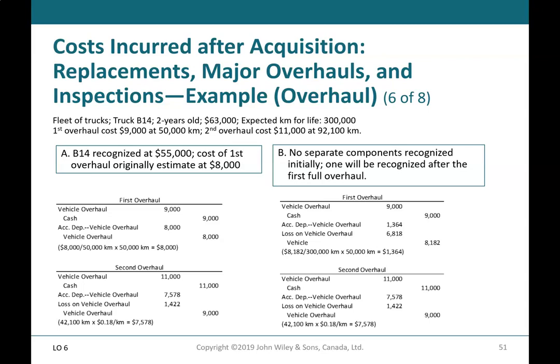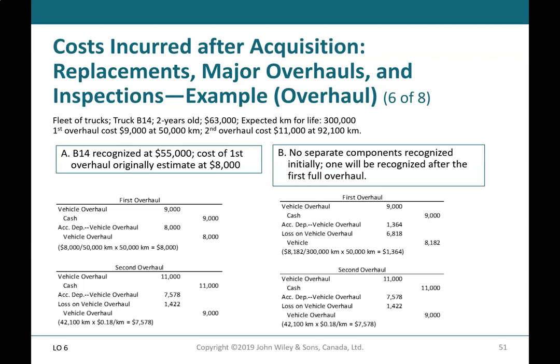A. B14 recognized at $55,000; cost of first overhaul, originally estimated at $8,000. First overhaul: debit vehicle overhaul 9,000, credit cash 9,000. Debit accumulated depreciation vehicle overhaul 8,000, credit vehicle overhaul 8,000, and we're just using the units of production method for depreciation.